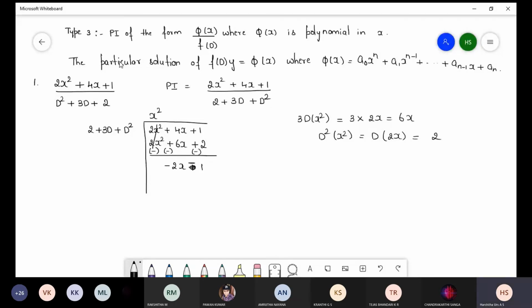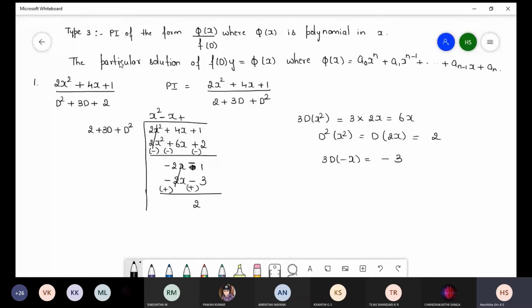Now again, with this 2, to get minus 2x we have to multiply minus x. So here minus 2x, again 3D of minus x means minus 3. So here also I will write minus 3. Again change the sign: plus, here also plus 3 minus 1 is 2.